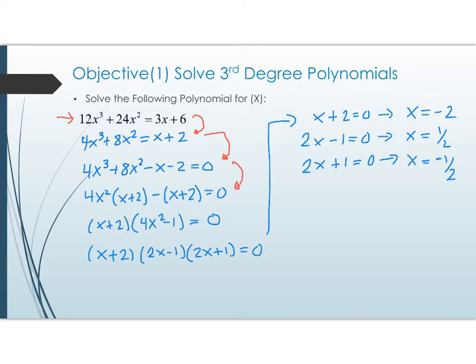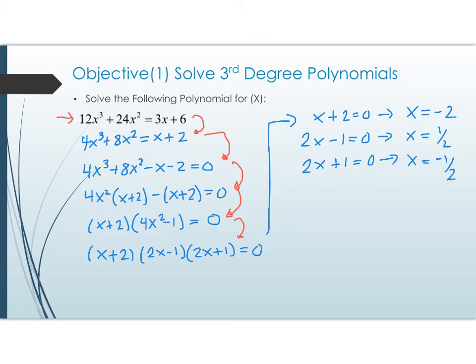As you can now see, we can factor out an x plus 2 from both terms, and we end up with 4x squared minus 1 is equal to 0. How convenient is that? So now we can factor this into three terms: x plus 2, 2x minus 1, 2x plus 1 is equal to 0.